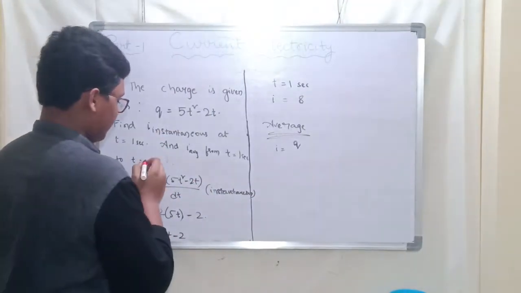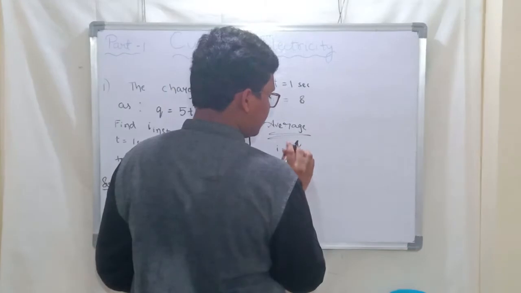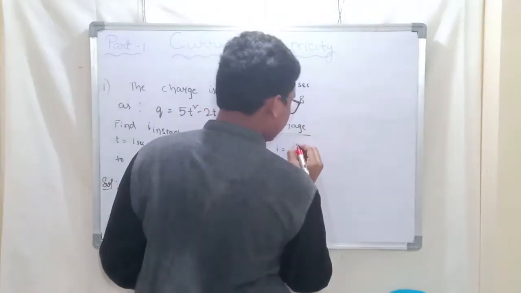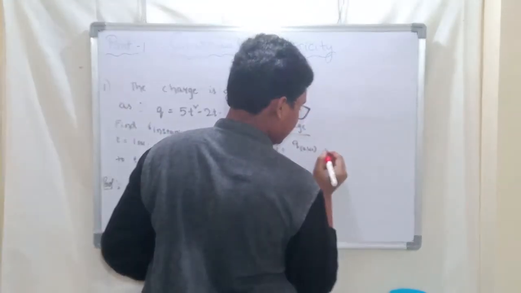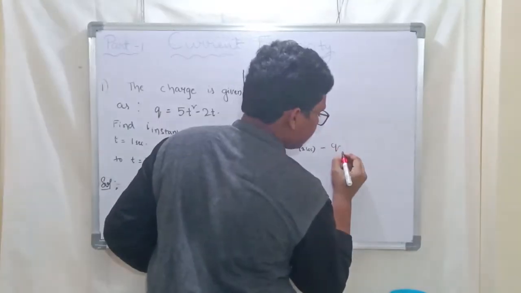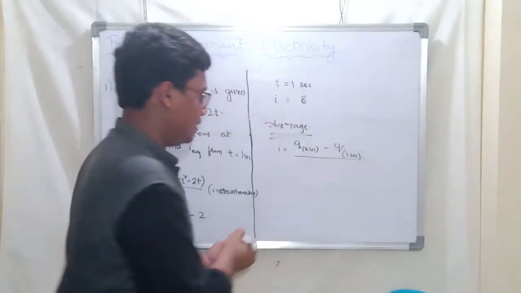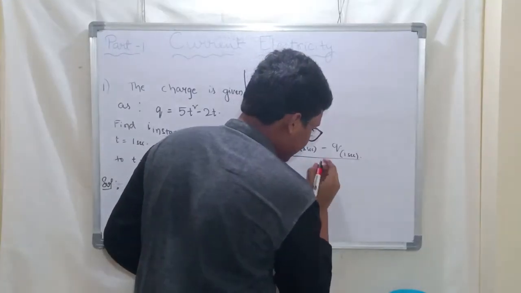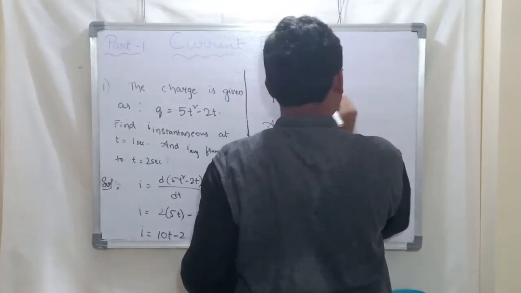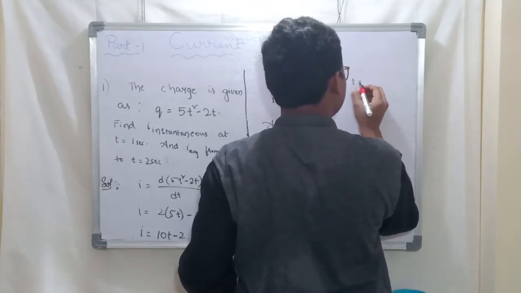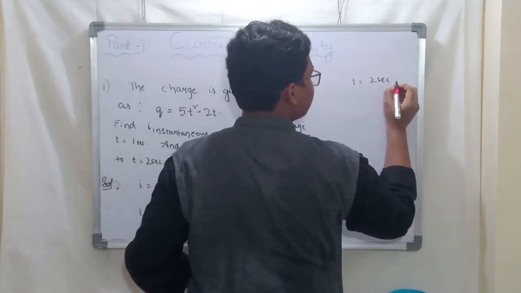I'll take 2 seconds: q at 2 seconds minus q at 1 second, with delta t as 2 minus 1.